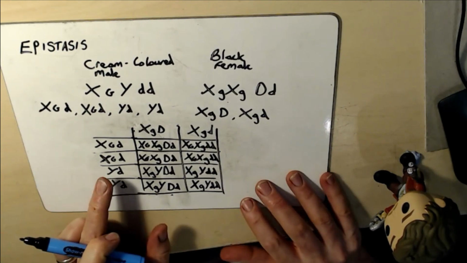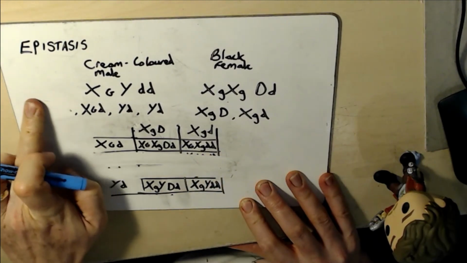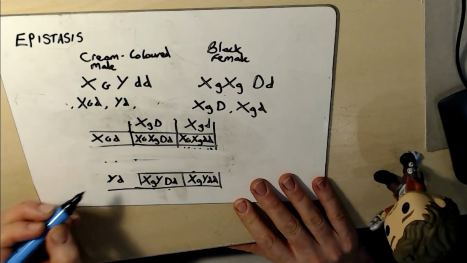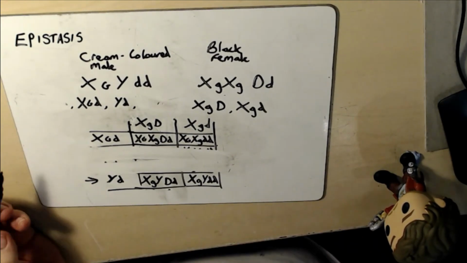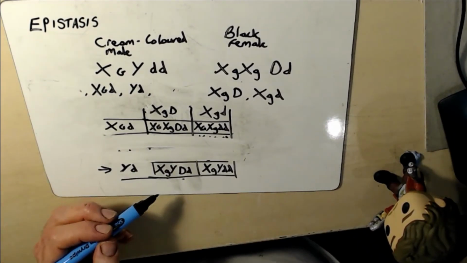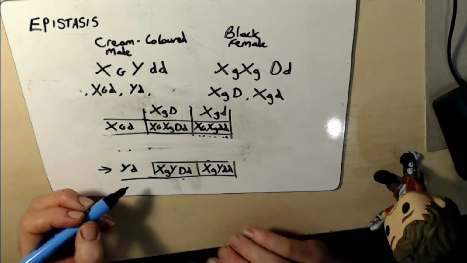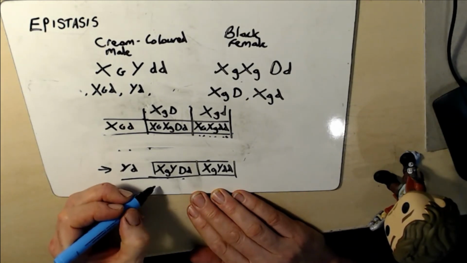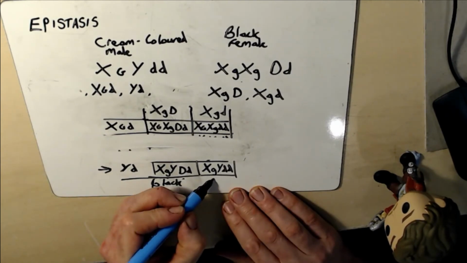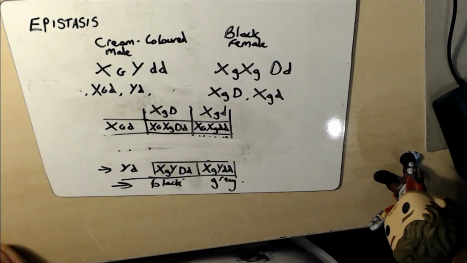Okay, so obviously I didn't need to do those, because they're the same. So there we go. Right, so let's look at the males, because we want to work out the genotype. We need to then work out what the phenotype is. So this one here is going to be a black male, okay, and this one here is a grey. There we go, and there are the answers.